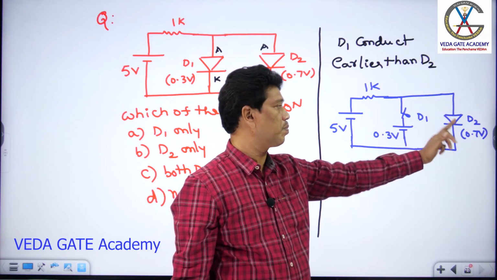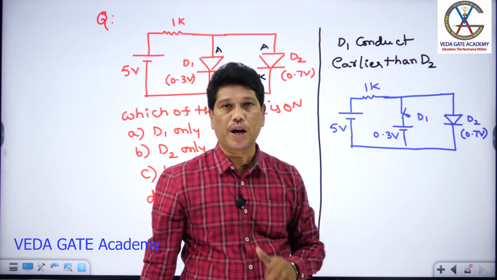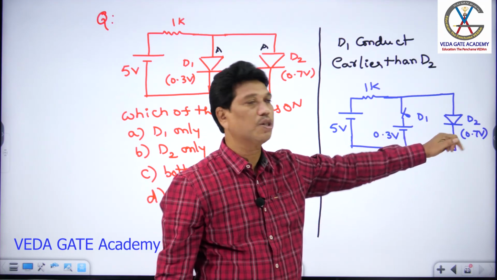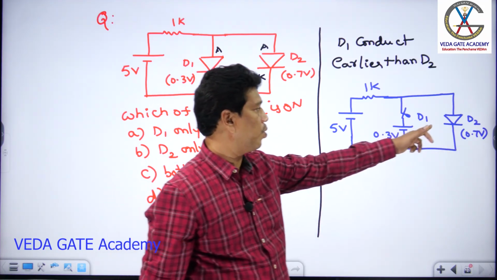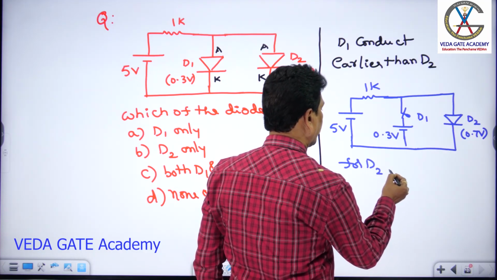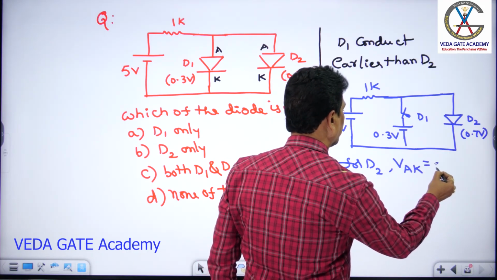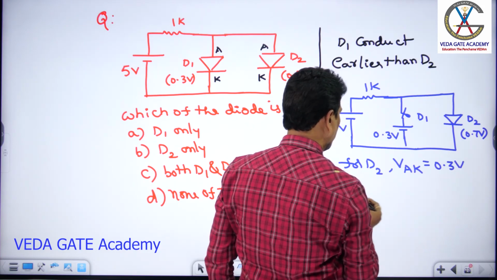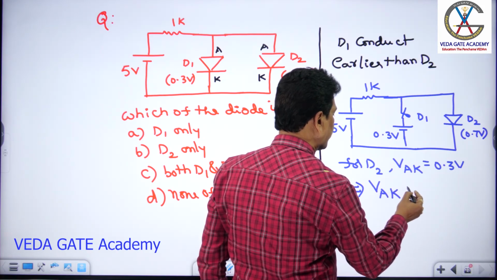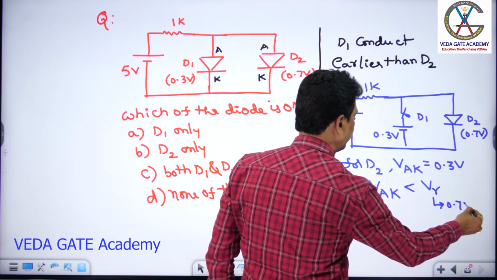So for D2 the anode to cathode voltage is just 0.3 volt, which is less than its cut-in voltage of 0.7 volt.